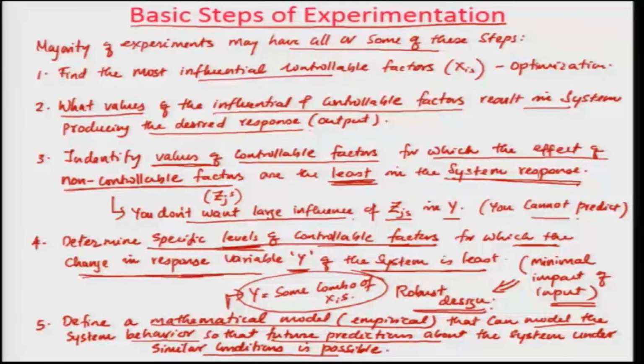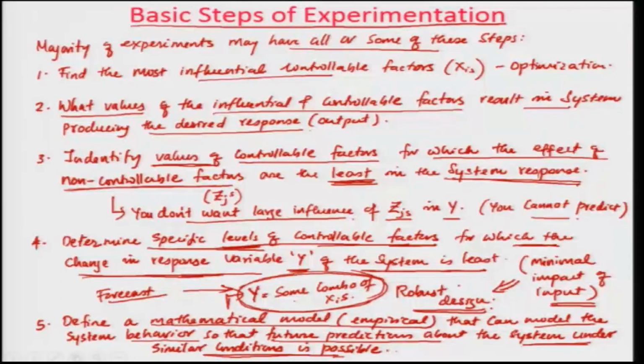We can use this y, which is some linear combination of x's, to predict the future behavior of the system, provided that the conditions are similar. As long as the system is under similar conditions, this model can be used for predicting. This is where forecasting can be used, to forecast the behavior of the system.